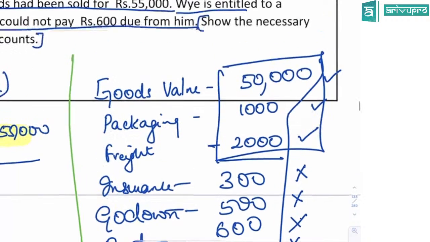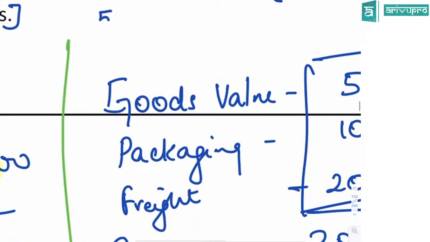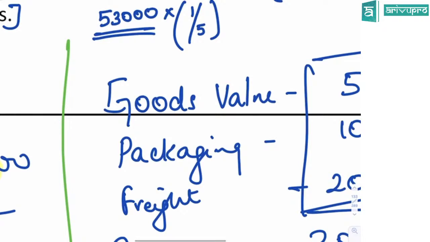So how much is it? 53,000 is the value of the total goods, right? Out of 53,000, he has sold 4/5. That means he's left with 1/5. What is the value of that?